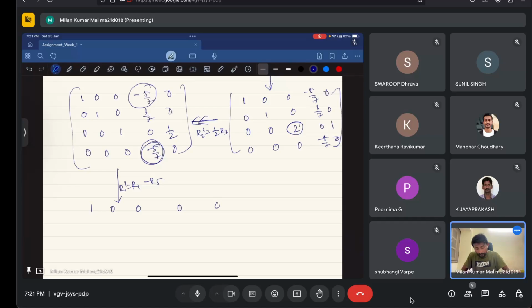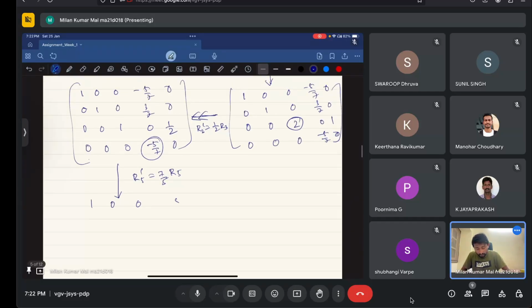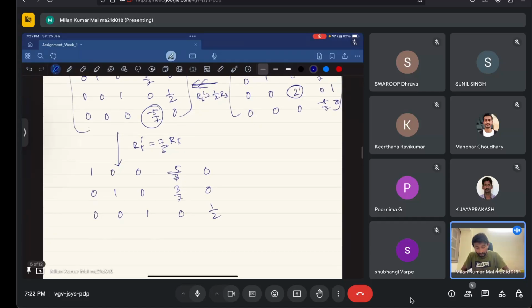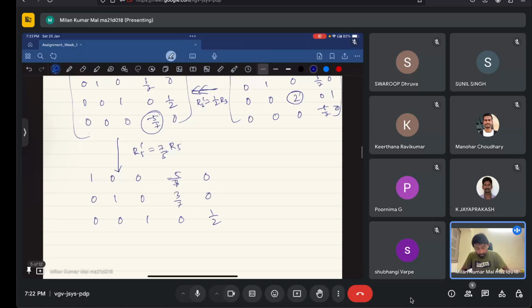Actually, you can do it without that. What we'll do here is replace R5 by R5 multiplied by 7 by 5. So 0 0 minus 5 by 7 here, 0 here, 0 1 0 3 by 7 here, 0 here, 0 0 1 0 half here, and 0 0 0, it will be 1 0.